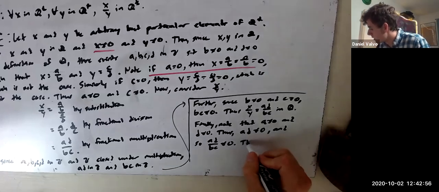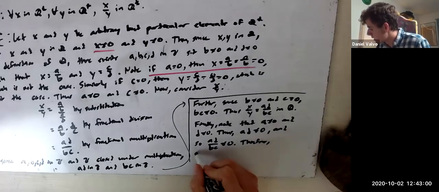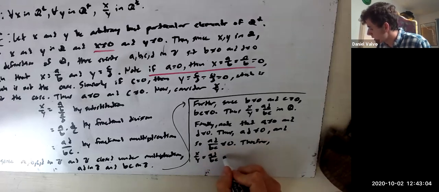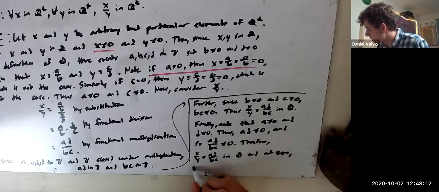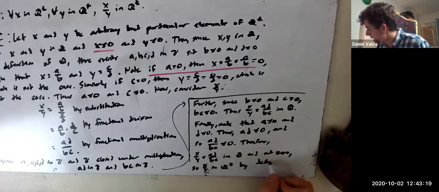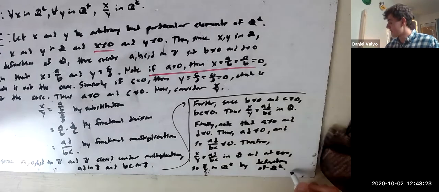Therefore, X over Y, which equals AD over BC, is in Q and not 0. So X over Y is in Q star by definition of Q star.